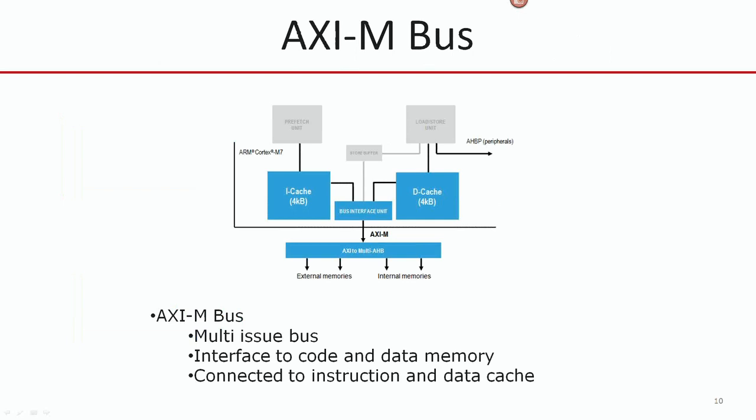While we have the instruction and data tightly coupled memories, these are still limited in size, but we have a new bus structure which is used to access the on-chip SRAM and the code memory.